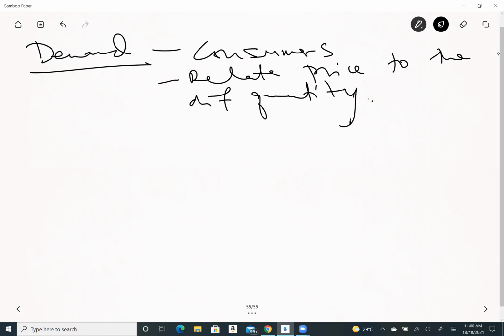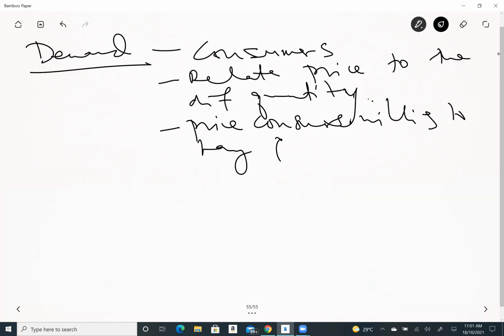So in other words, it is the price consumers are willing to pay for different quantity.